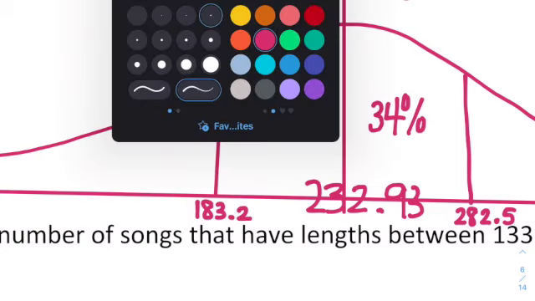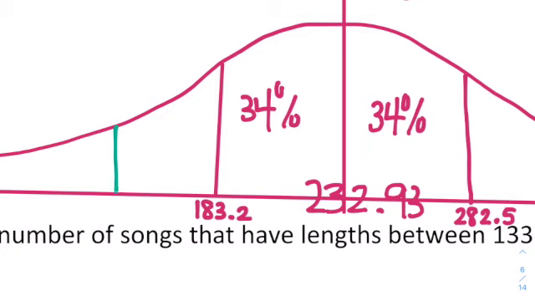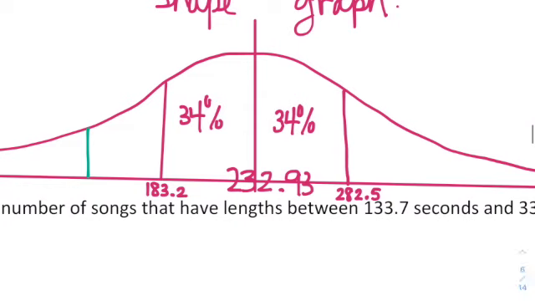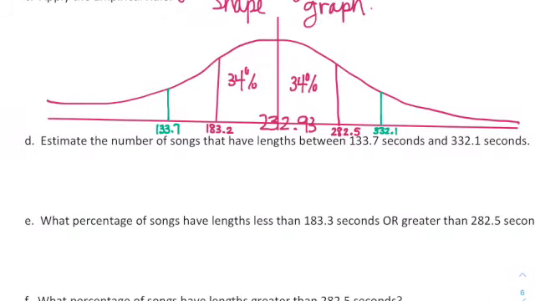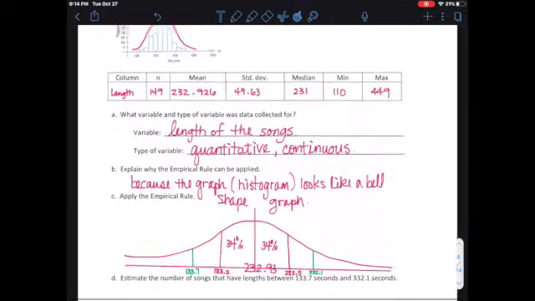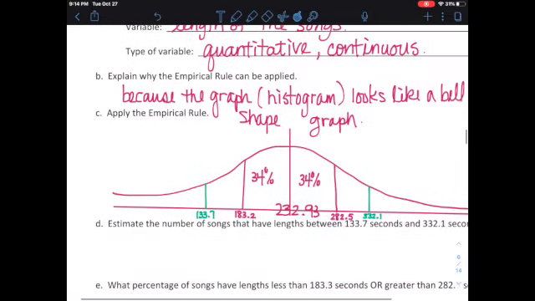Then we're going to mark off for the next one, which is going to be the 95%, and that is going to be added with 13.5. So with the second standard deviation, you take the standard deviation, which is 49.63, and subtract it from 183.2, and you get 133.7.